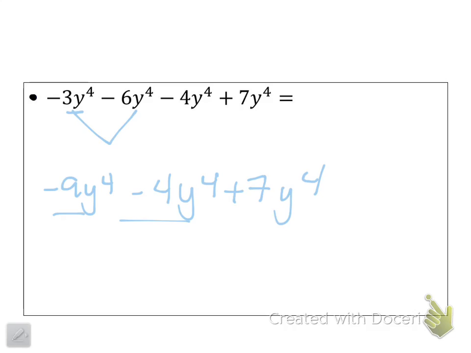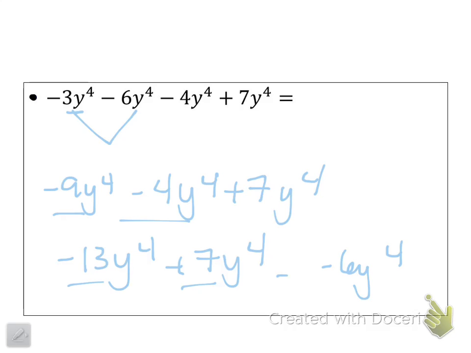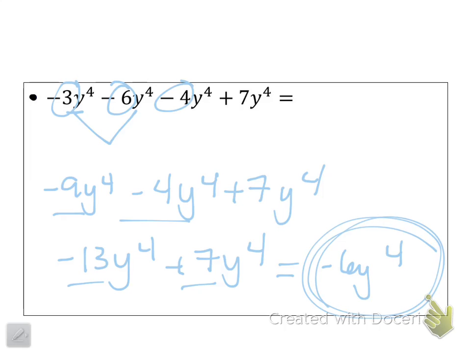Okay, negative 9 minus 4 is negative 13y to the 4th. Okay, negative 13 plus 7 is going to be negative 6y to the 4th. So we're just adding the coefficients in the front. The coefficients being the numbers in the front.